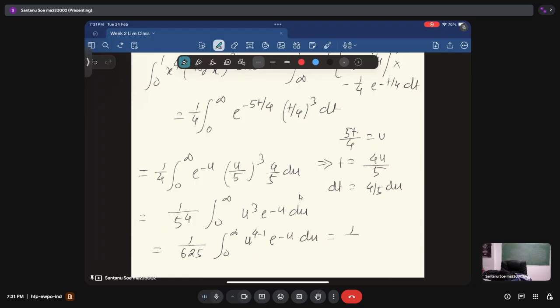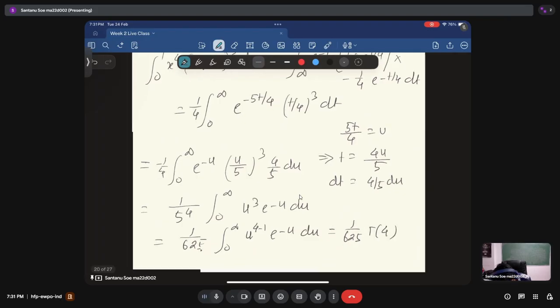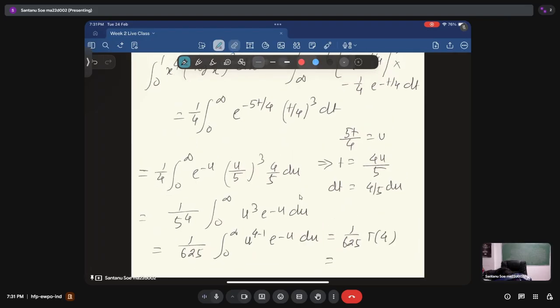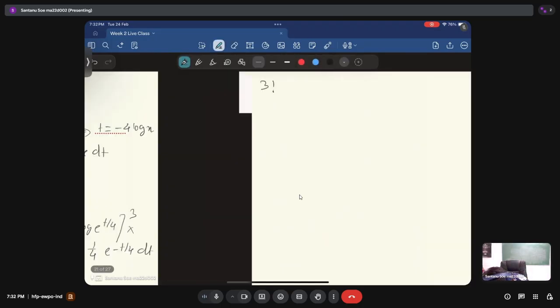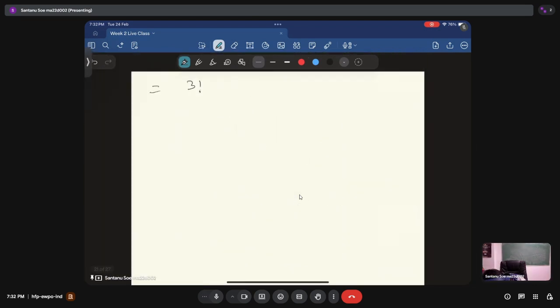Now this is same as 1 by 5 to the power 4 gamma of 4, and gamma of 4 is nothing but 3 factorial. Correct? So the answer should be, sorry, 3 factorial divided by 5 to the power 4. So it should be 6 divided by 5 to the power 4, and this is the answer.